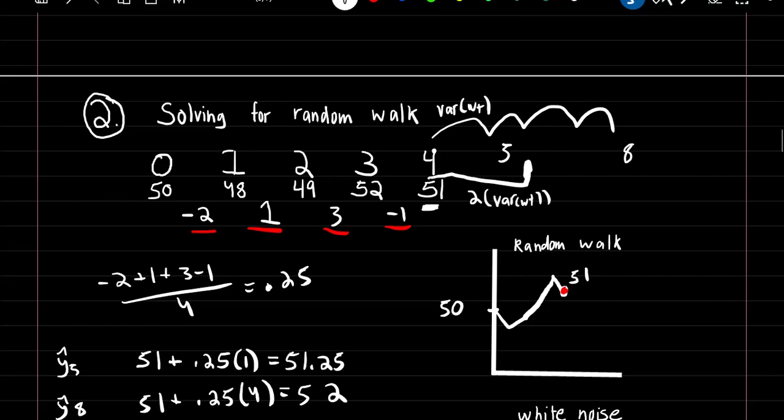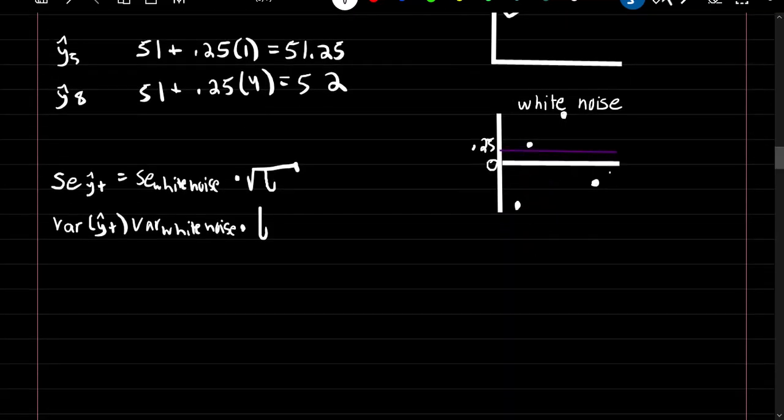And then if we go from 4 to 7, it's just going to be 3 times the variance of our white noise process. So at each step, we're just adding the variance that we're adding from our white noise model. So then from 4 to 8, it'll just be 4 times our white noise variance. But since we're mainly usually concerned with standard error, we can just use this formula here.